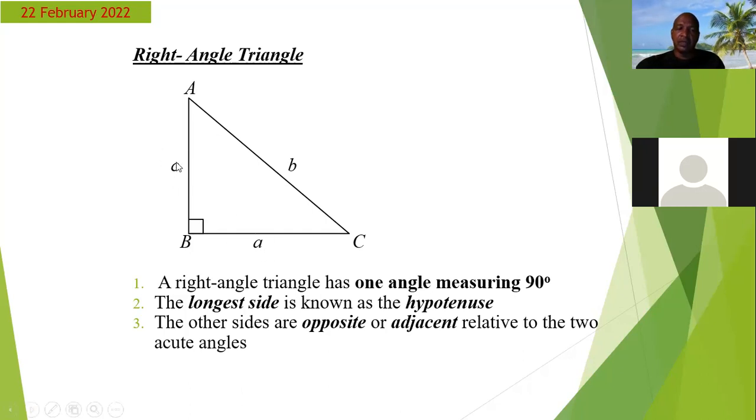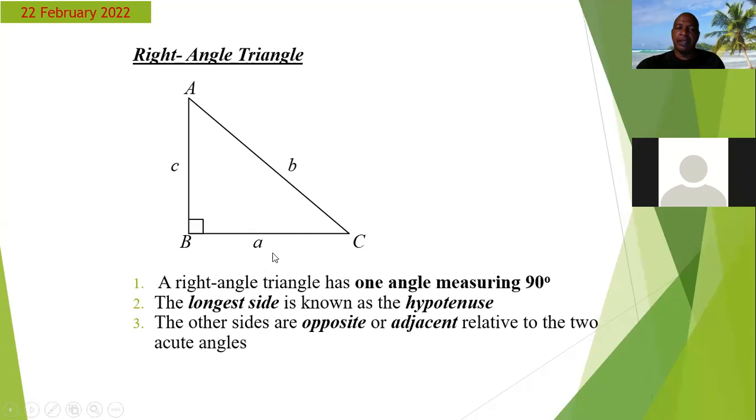So if we look at the two sides that are at right angles to each other, we can say that the side C is opposite to the angle C, but the side C is alongside the angle A, so that would make it adjacent to the angle A. So this side C, or if you may, you can say the side AB, is opposite to the angle C, and the side AB is adjacent to the angle A.